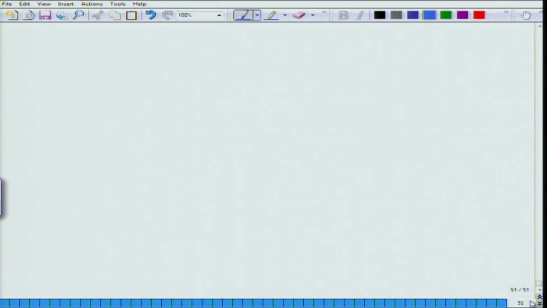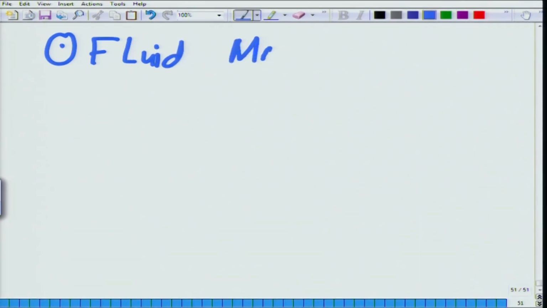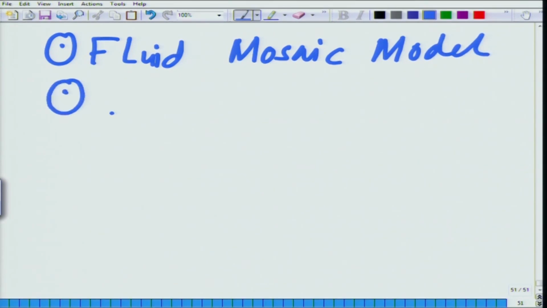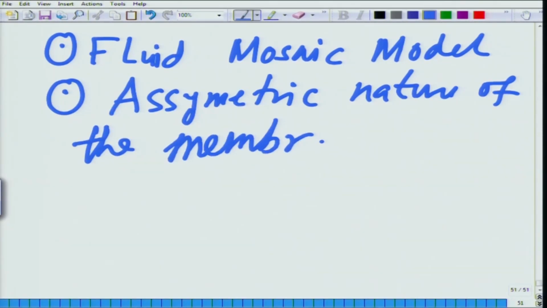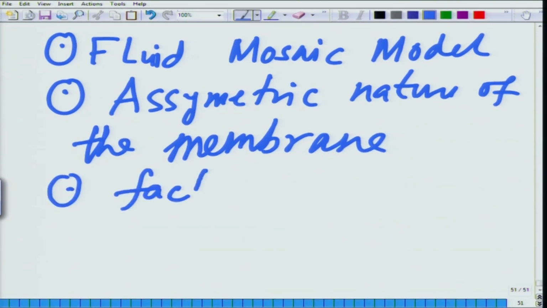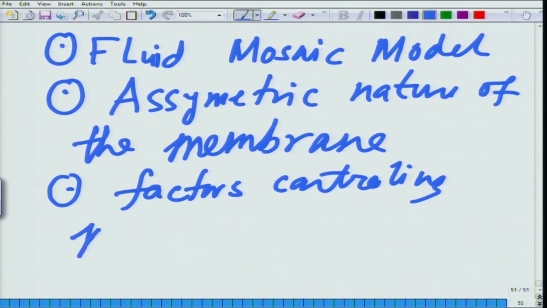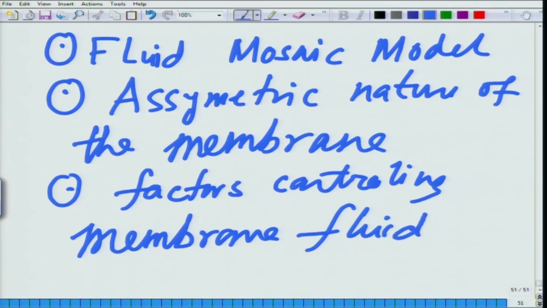Next topic I will be talking about is the fluid mosaic model of the membrane. Then we will be talking about the asymmetric nature of the membrane in slightly more detail. Followed by that, we will be talking about factors controlling membrane fluidity, and this is where we will be talking about the role of cholesterol in membrane fluidity.